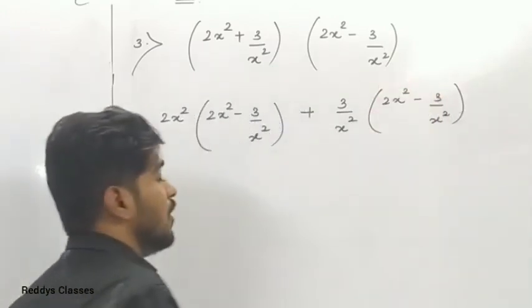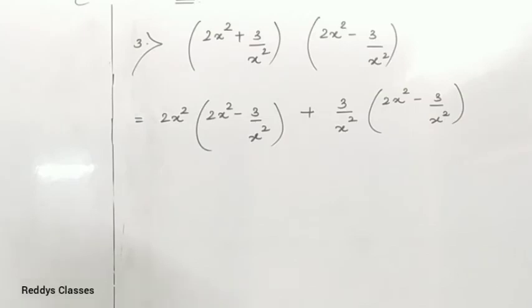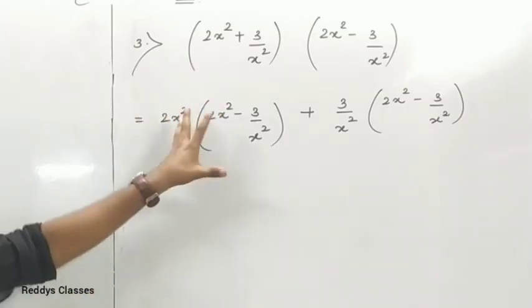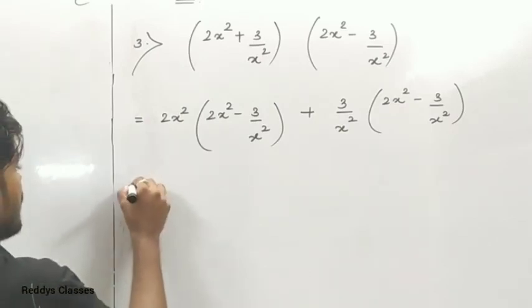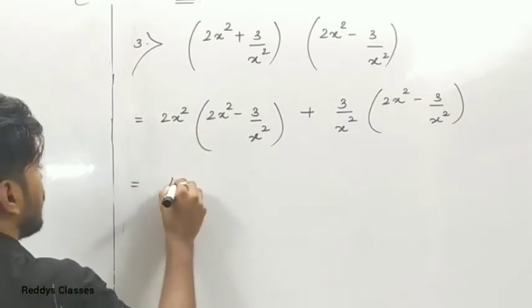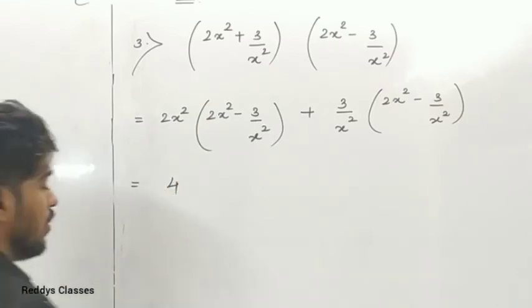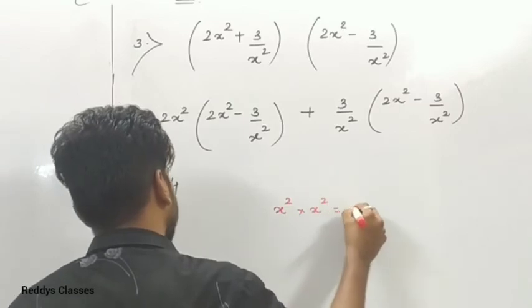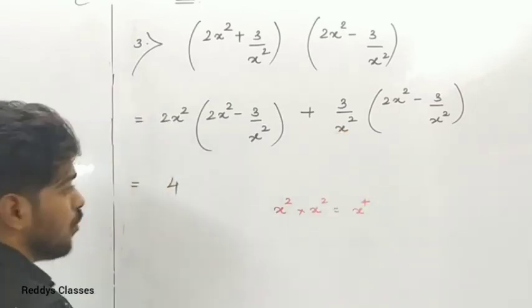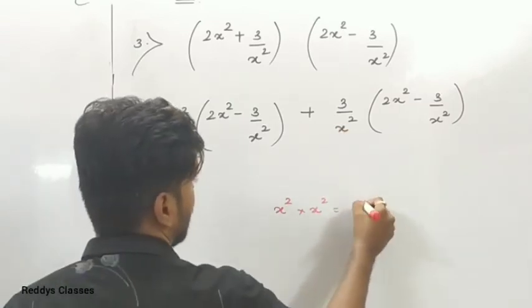See, now you have to use the plus and minus signs properly, and the square terms also. x power square into x power square is x raised to power 4.